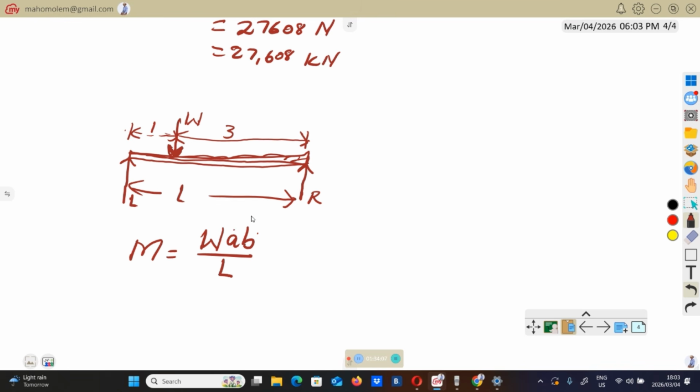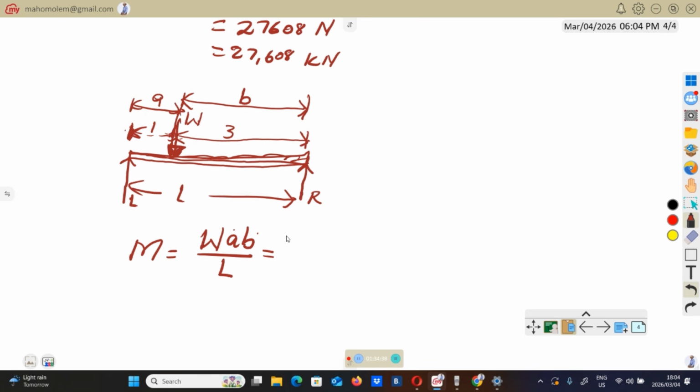This A represents the distance from the load to one support, from the load to here is 1. Then B will be from here to the other side, so B will be equal to 3.